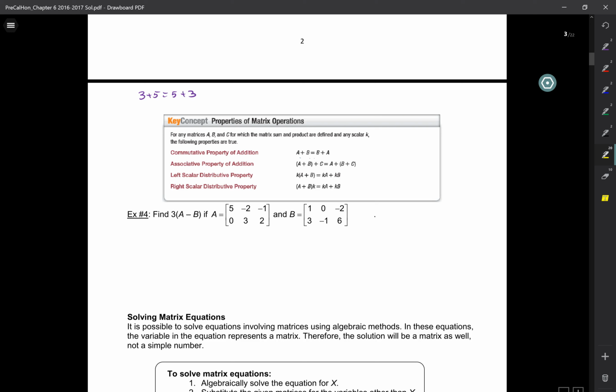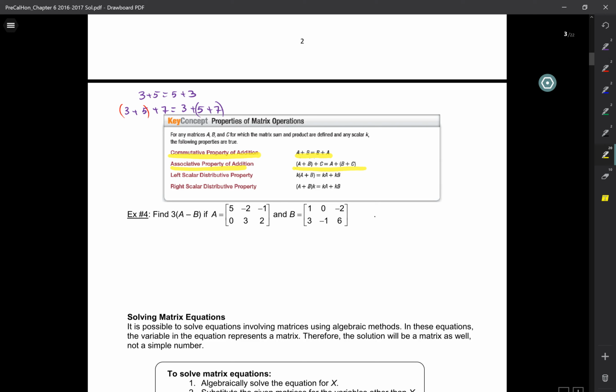Well, that translates to matrices. So matrix A plus B is equal to matrix B plus A. Associative property also works, right? If I'm adding 3 plus 5 plus 7, I can either group them like this, or I can group them like this. Well, that also translates to matrices. Left scalar distributive properties.